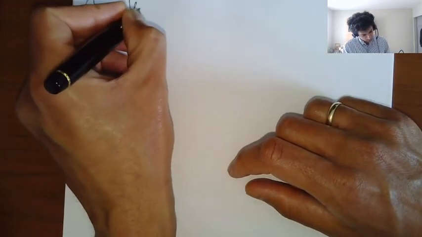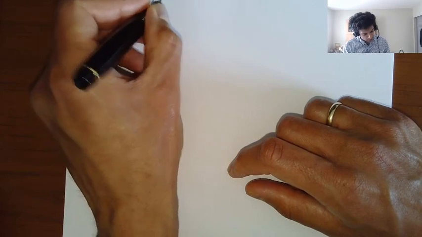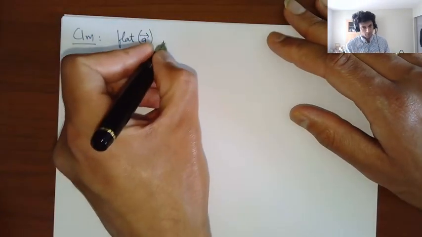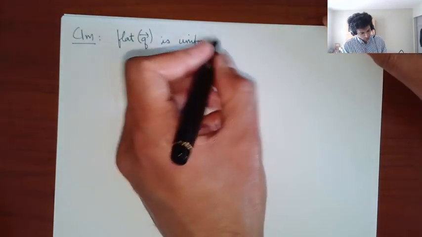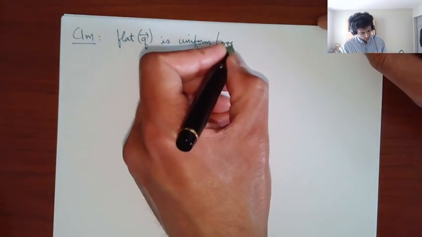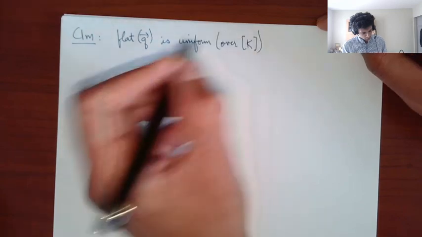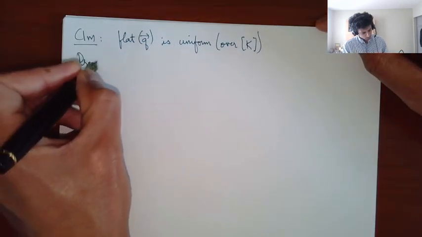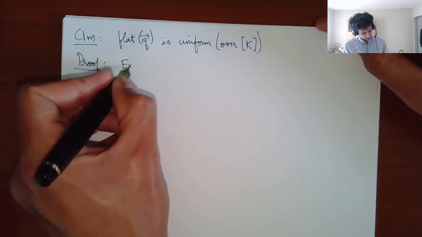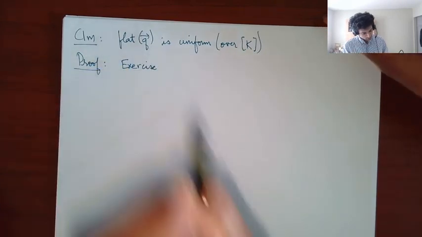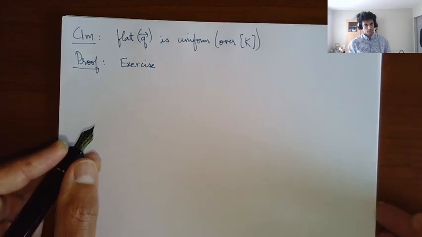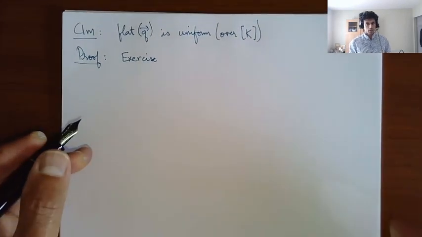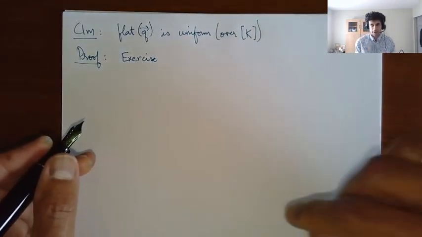Is that the flattening of Q is uniform over its support. I leave the proof as an exercise. It's quite simple. So the flattening of Q is the uniform distribution. Essentially, we define the flattening so that this happens.